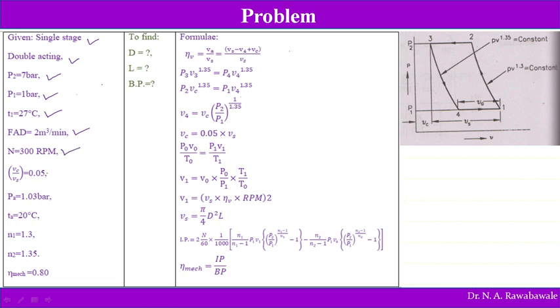The ratio of clearance volume to stroke volume is 5%, so here we have written 0.05. The ambient air pressure is 1.03 bar and ambient air temperature is 20 degrees Celsius. The index of compression is 1.3, the index of expansion is 1.35, and mechanical efficiency is 80%.